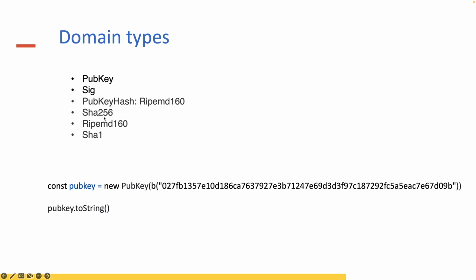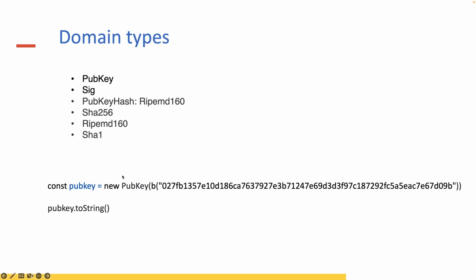So this is another subtype, and you also have its cousin called SHA-1 here. These are the major domain types we'll be using mostly to increase the type safety for the framework.